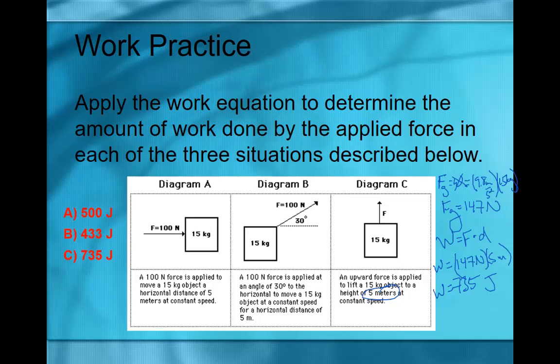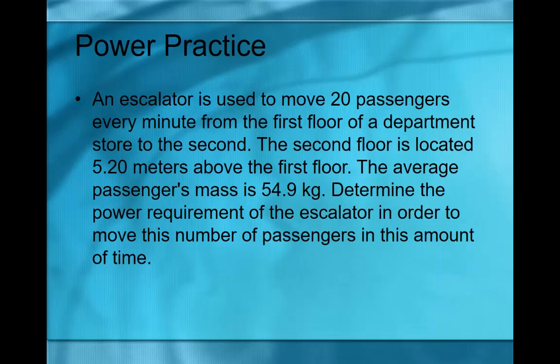All right, so we've done some examples now of how to calculate work. Let's do some of how to calculate power. Okay, let's clear this out. All right, an escalator is used to move 20 passengers every minute from the first floor of a department store to the second.